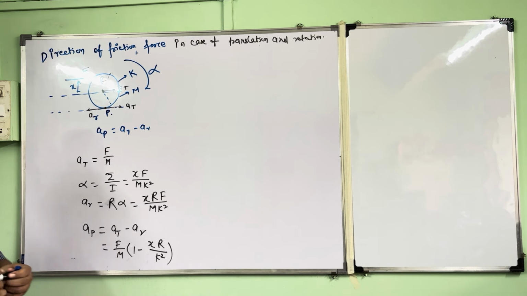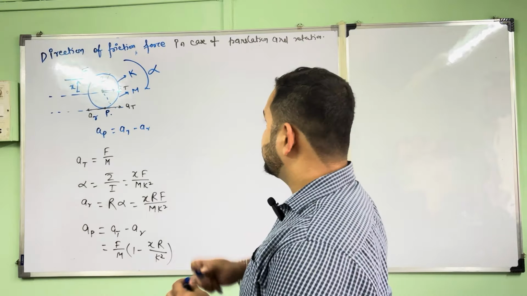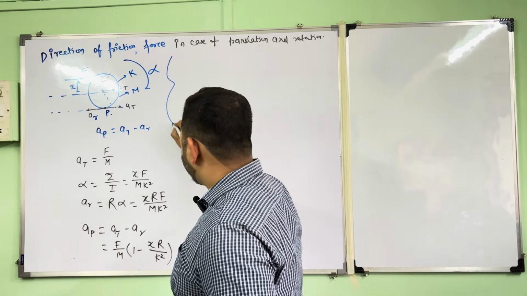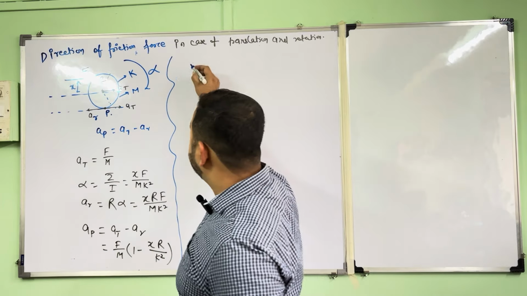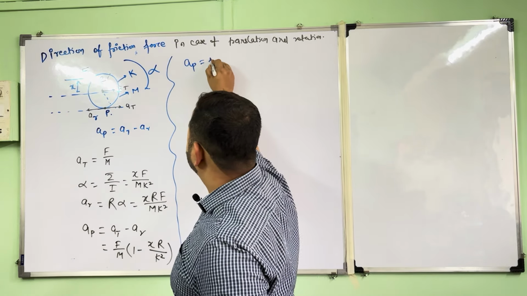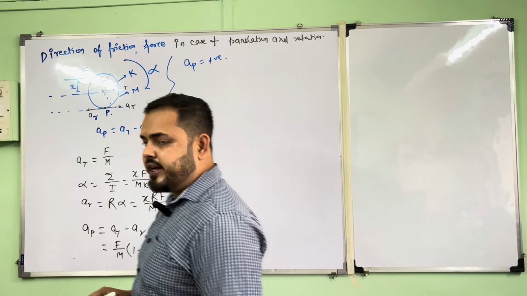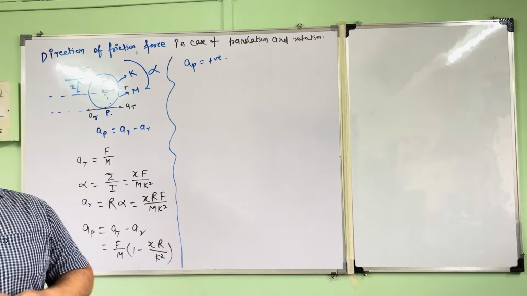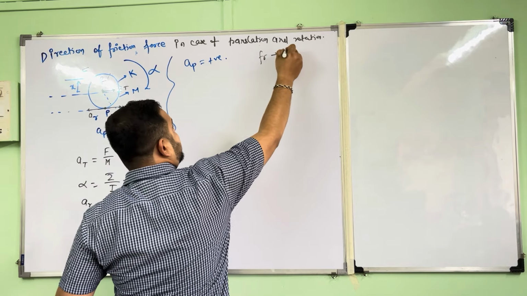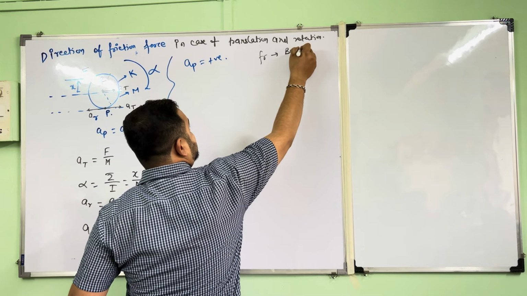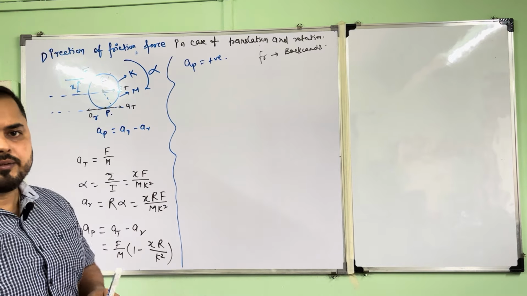Now analyzing the frictional force: if the acceleration of P is positive, meaning the point is moving in the direction of AT, then the frictional force will be in the backward direction.